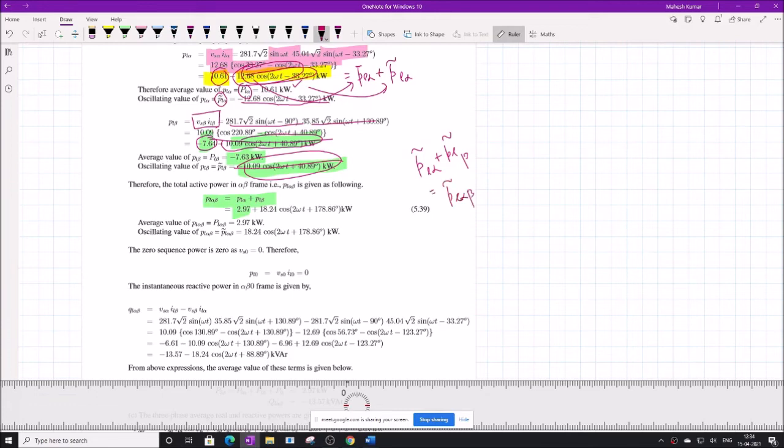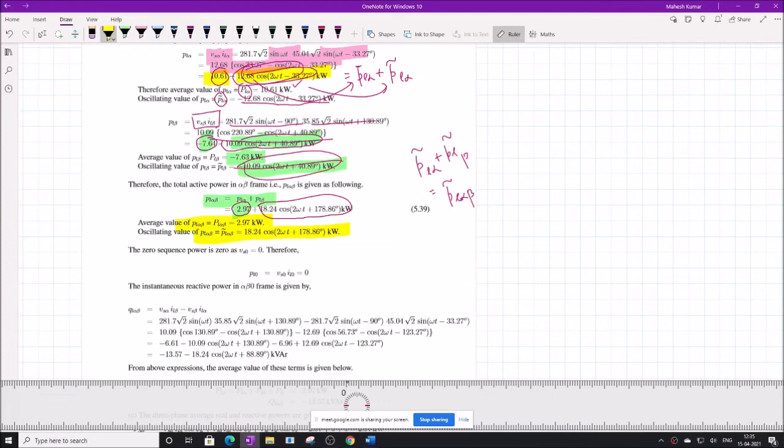So this is PL alpha beta oscillating and this is the PL alpha beta average value, 2.97. The oscillating value of PL alpha beta is 18.24 cos(omega t plus 178.86) kilowatt. It should be in kVA actually, but this is just active power, so it is noted by kilowatt.